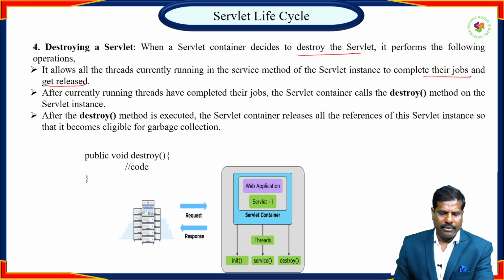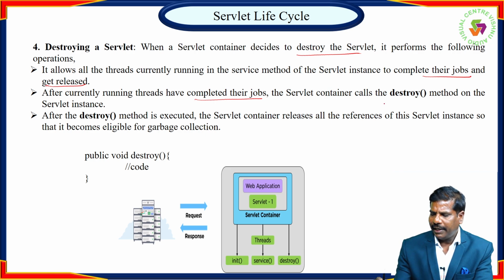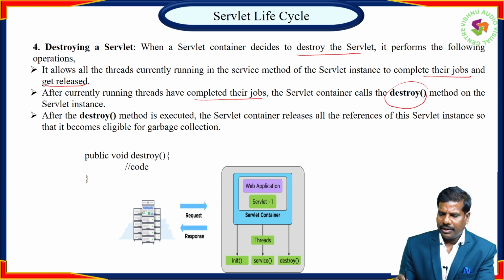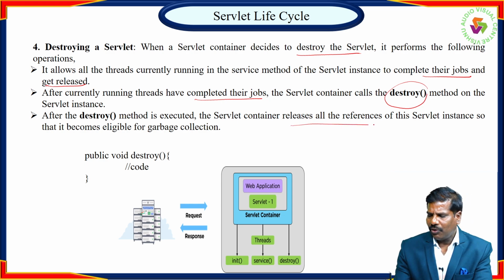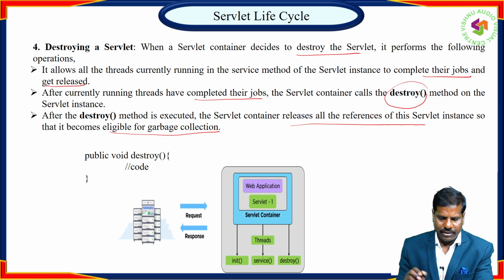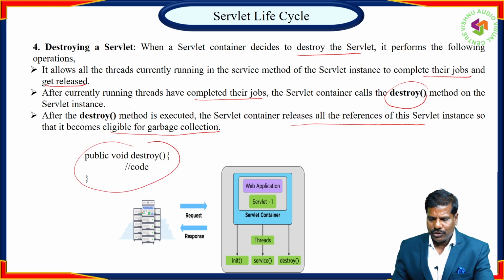After currently running threads have completed their jobs, the servlet container calls the destroy method. After the destroy method is executed, the servlet container releases all references of this servlet instance so that it becomes eligible for garbage collection. So this is the destroy method, public void destroy.